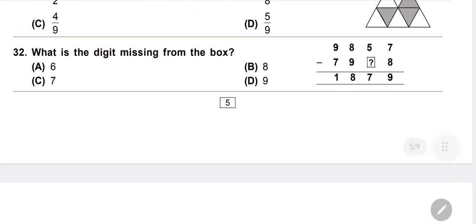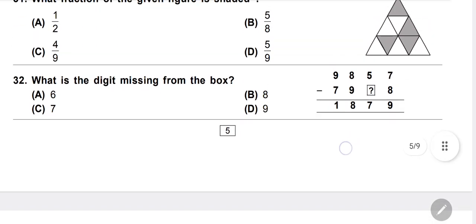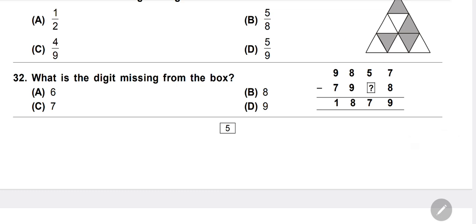What is the digit missing from the box? We need to find the missing digit from the box. So 7, 8, what? Okay, we are subtracting. 17 minus 8 is 9. Then this is 4 because 1 carried. So what do we subtract from 14?